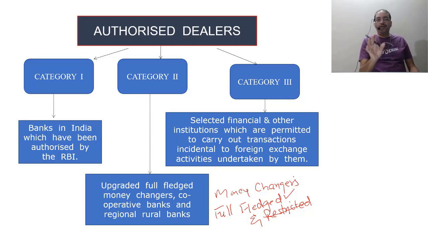One of these organizations will have a counter open there, and he can go to such a counter and exchange his dollars, his foreign currency, for Indian currency. So these are strategic institutions at strategic places.